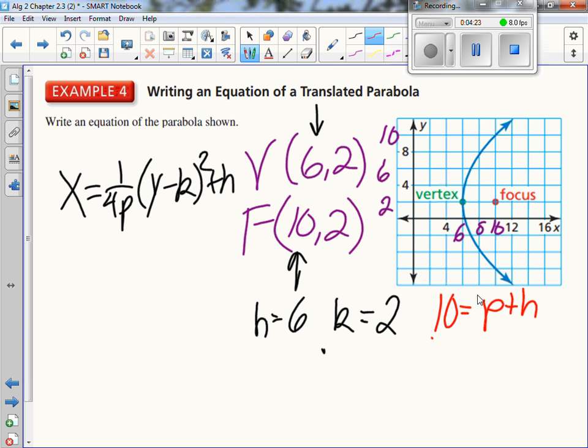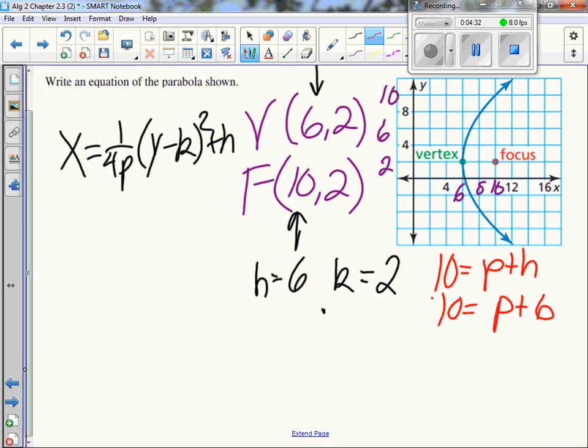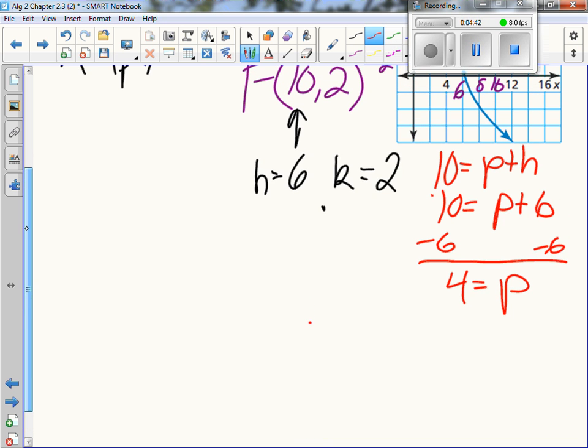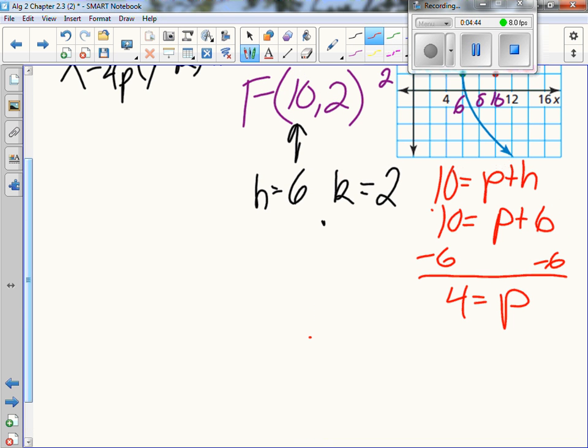And we know that the value of h is 6, so we're saying 10 is equal to p plus 6. To get p by itself, we would subtract 6 from both sides. And we find out that the value of p is 4, yes?